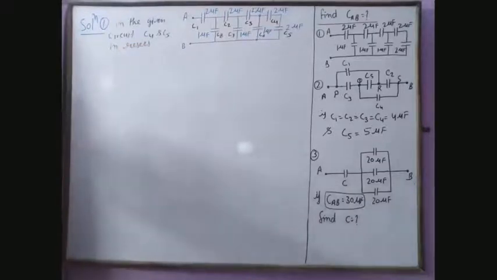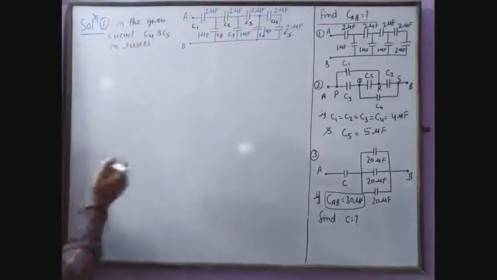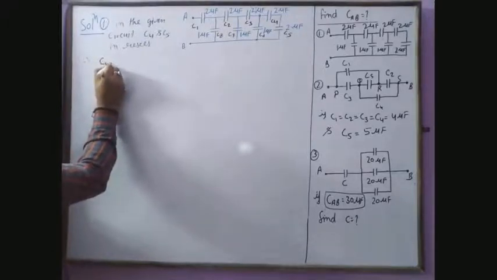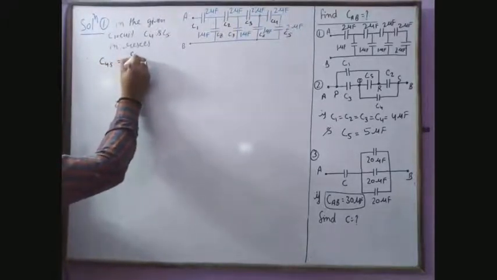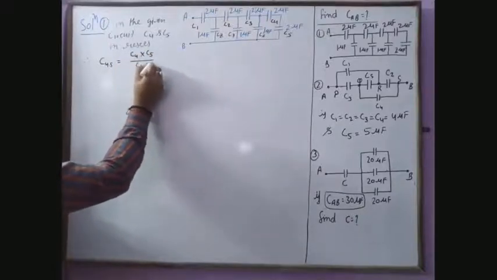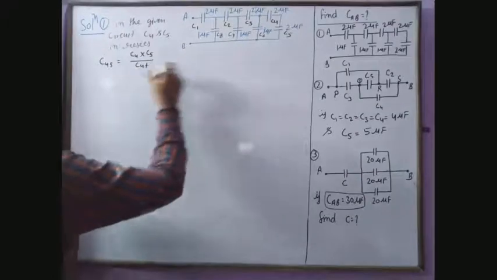Therefore C45 is equal to C4 into C5 upon C4 plus C5. How do we derive this formula?